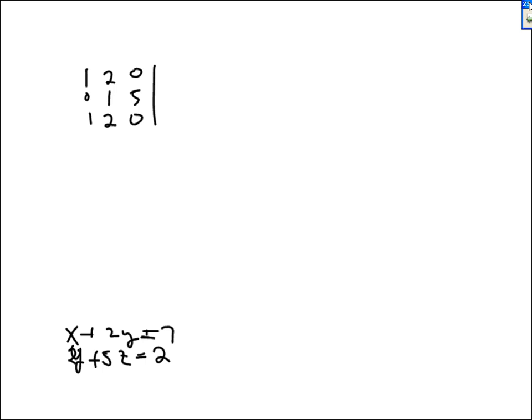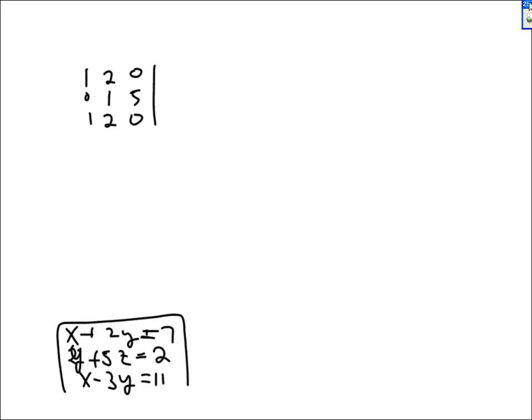But suppose you have x plus 2y is equal to 7, y plus 5z is equal to 2, and x minus 3y is equal to 11.